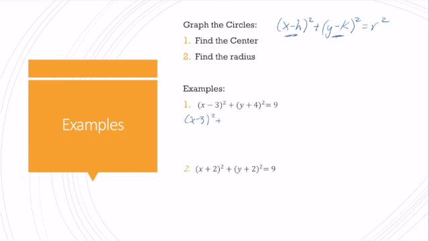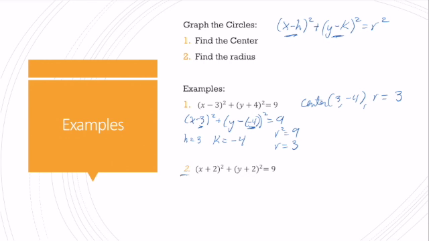I have x minus 3 squared plus y minus negative 4 squared equals 9. My h is 3. My k is negative 4. If my r squared equals 9, then r is 3. So I have center 3 comma negative 4 and radius of 3.